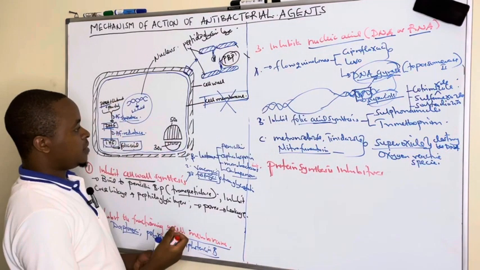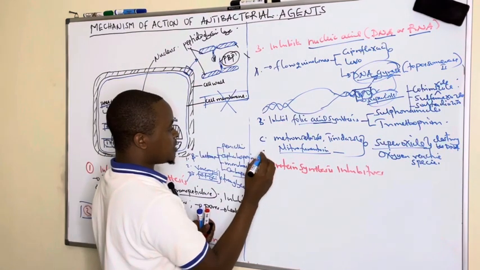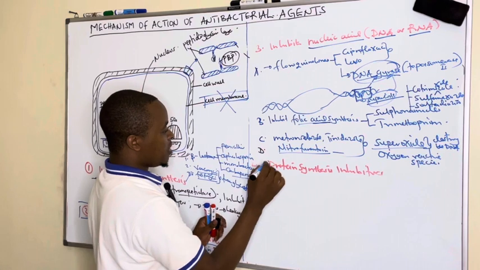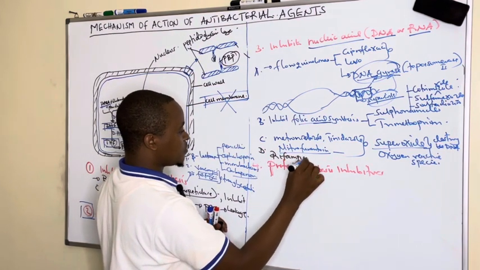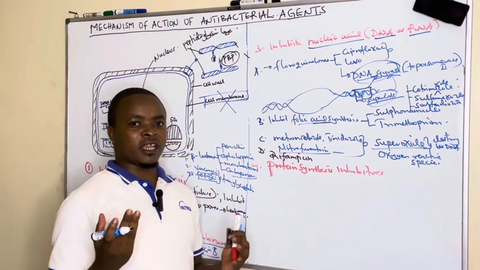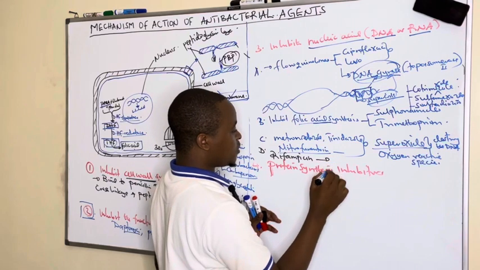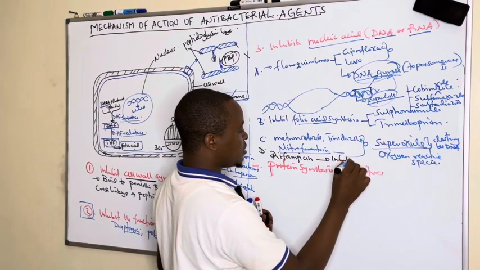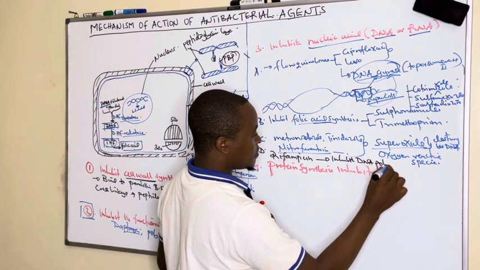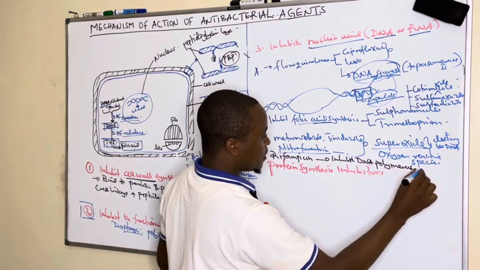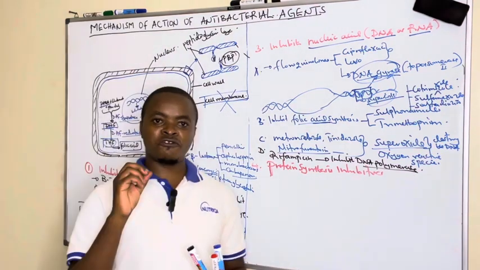Then lastly, which is D, under nucleic acid synthesis inhibitors, we have rifampicin, or what we can call rifampin. This rifampicin, which is normally given in TB patients, inhibits RNA polymerase, the enzyme that plays a big role in transcription.